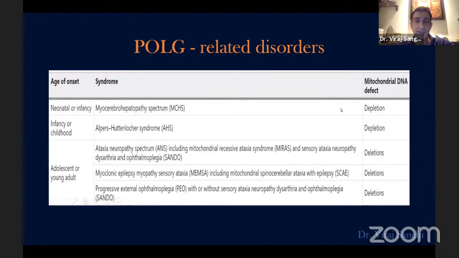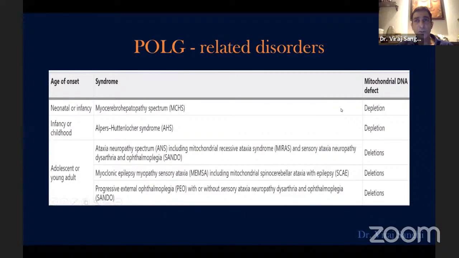Again, there's a vast range of clinical presentations of POLG-related disorders, starting from the neonatal or infantile ages, going right up to young adulthood for different manifestations. Patients may present in the neonatal or infantile period with a cerebro-hepato-myopathic spectrum kind of picture, or myocerebrohepatopathy, MCHS. Later on, you may have Alpers syndrome.